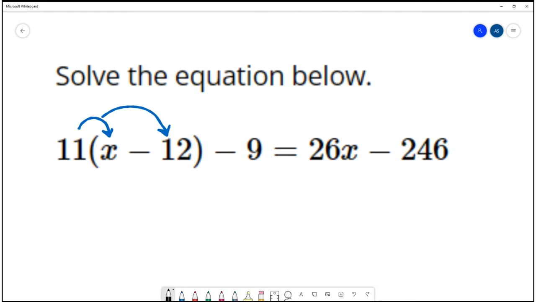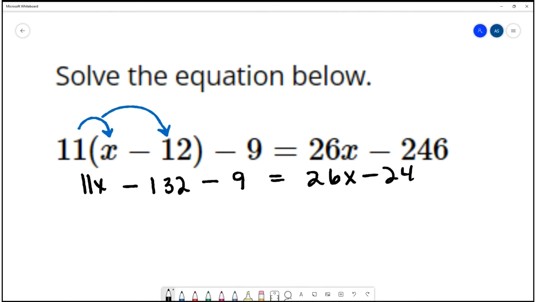So on the left-hand side, we have 11 times x, which is 11x. 11 times 12, which is 132. Carry down that minus 9 and the 26x minus 246. Then we'll combine like terms on the left-hand side to get 11x minus 141 equals 26x minus 246.